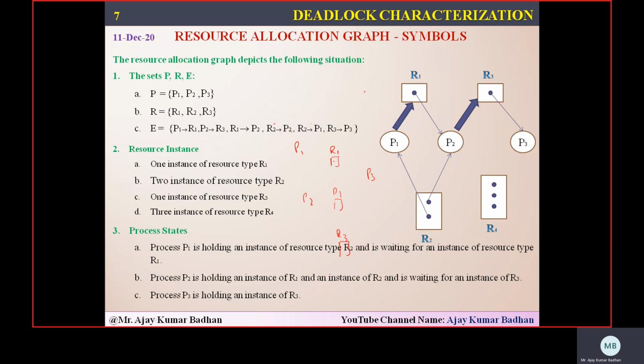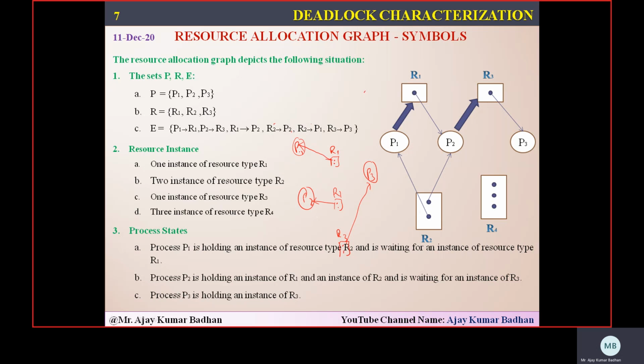Now assume that there are two instances here, every resource has two instances. Now P1 is allocated one instance, P2 is allocated one instance of R2, and from R3 one instance is allocated to this particular process.